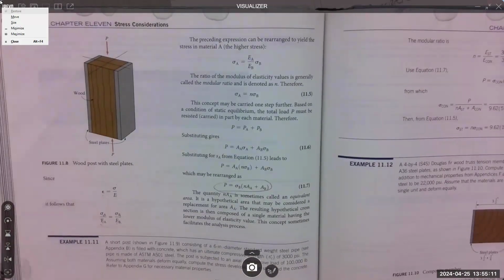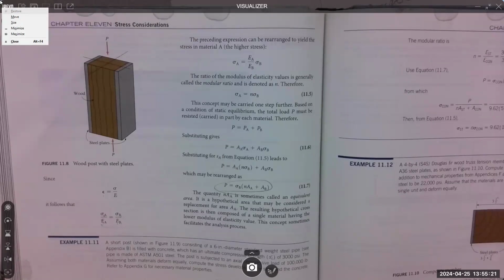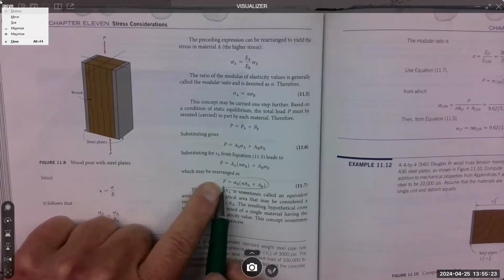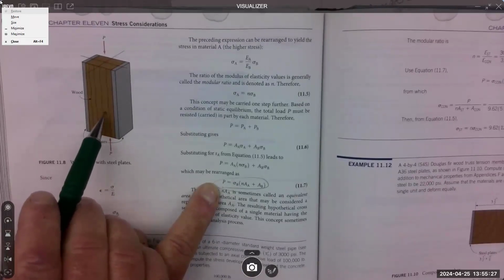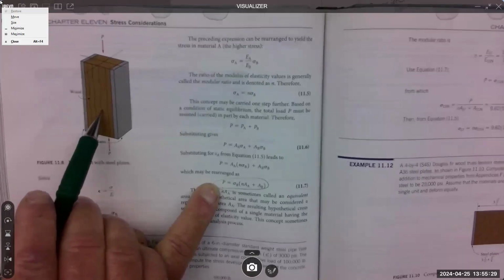And that's the one I really care that you care about, right? But if you want to know where it came from, the book does a pretty good walk-through of how they're deriving this equation. So this is load on a combined material column, basically.